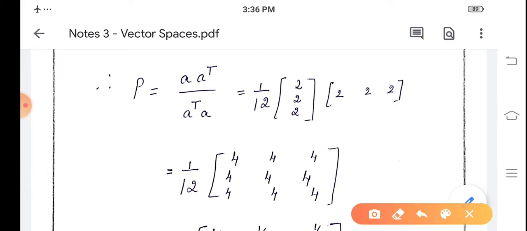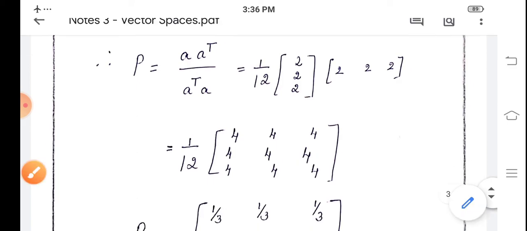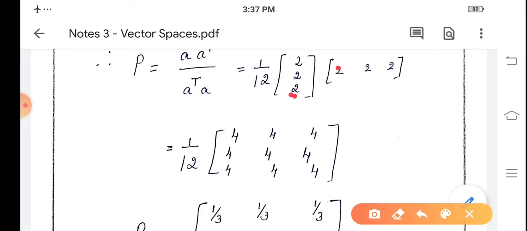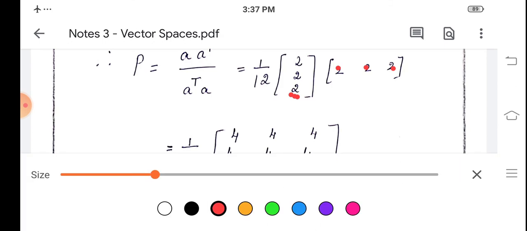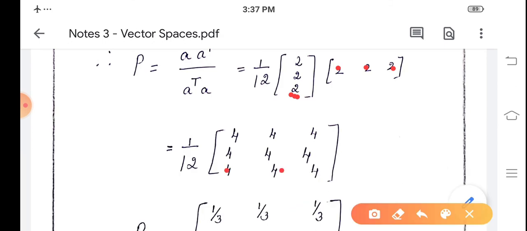That will be P is equal to 1 by 12 into, first row entries are 2 into 2, 2 into 2 and 2 into 2. The entries are 4, 4, 4. Similarly, we write second row entries, that will be 4, 4, 4. And last row is 2 into 2, 2 into 2, 2 into 2. That gives last row as 4, 4, 4.